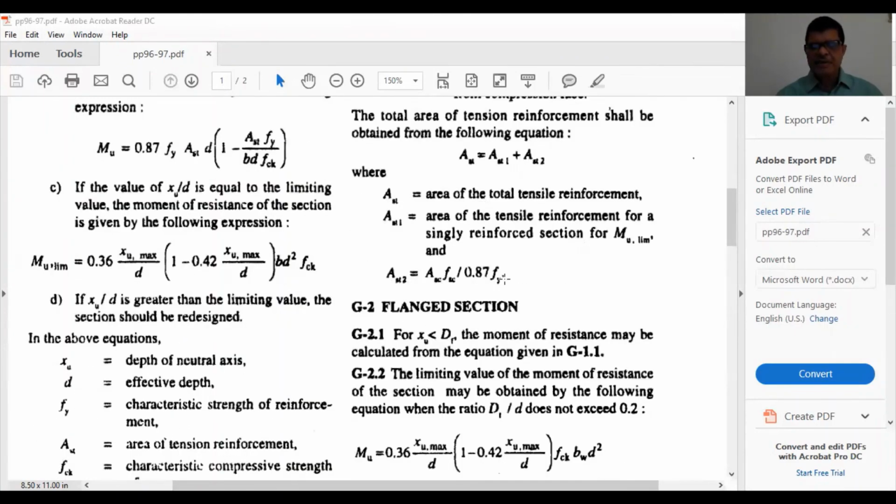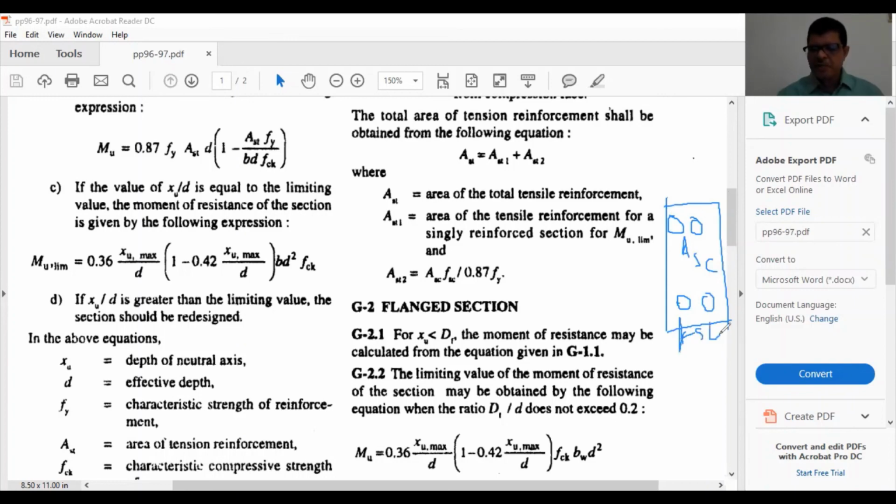AST2 into 0.87 Fy is equal to ASC into FSC, because I have already discussed that for the excess bending moment you are providing steel at the top as well as at the bottom, in the tension face as well as the compression face. So this is your ASC and this is your AST2.